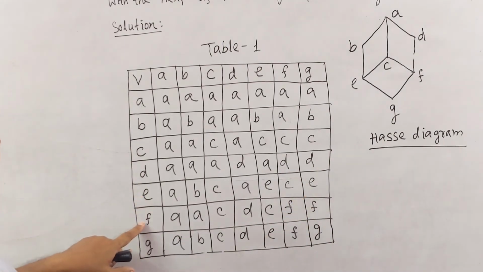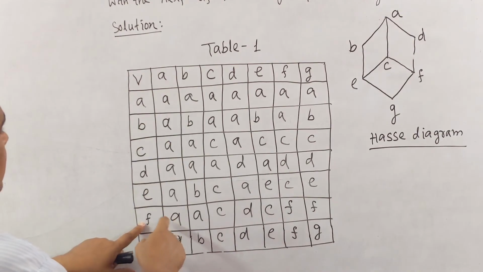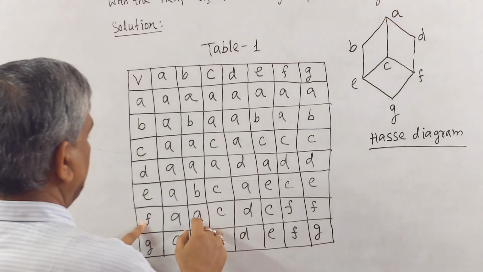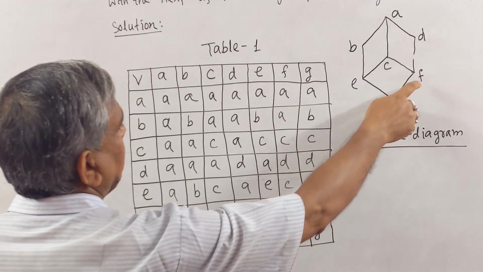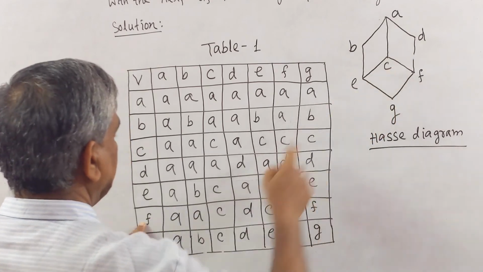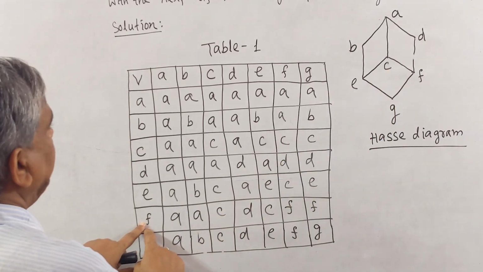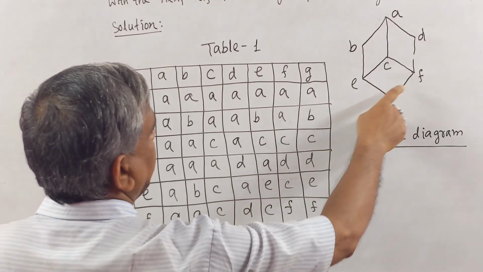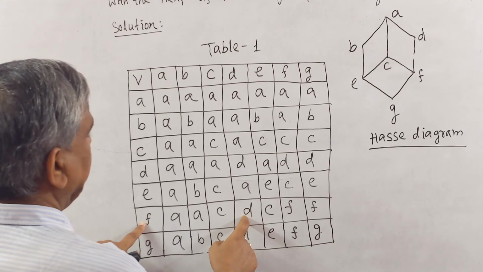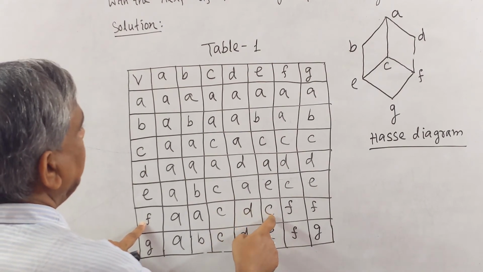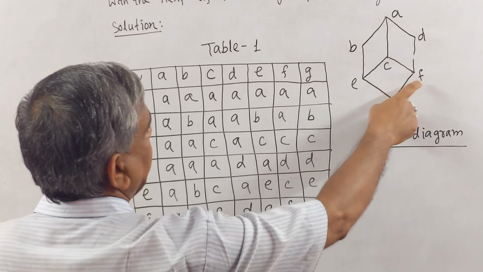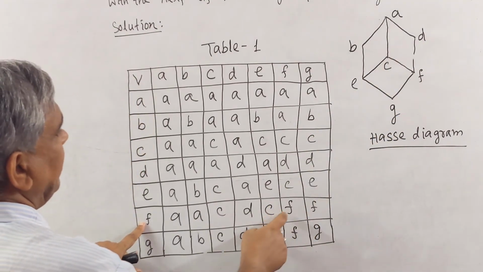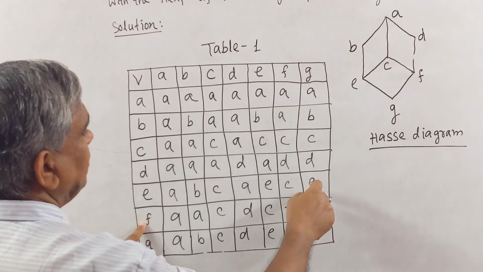Now operate with F. F and A is A. F and B will be A. F and C: C on the upper position. So C. F and D: D on the upper position. So here will be D. F and E will be C. F and F is F. F and G: G lowest position.